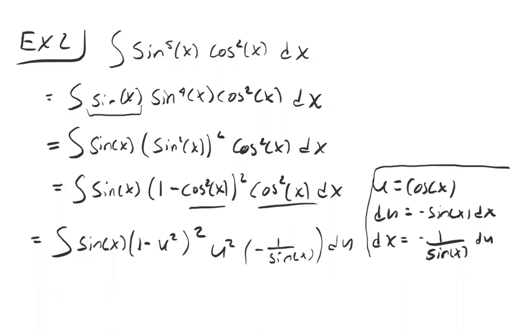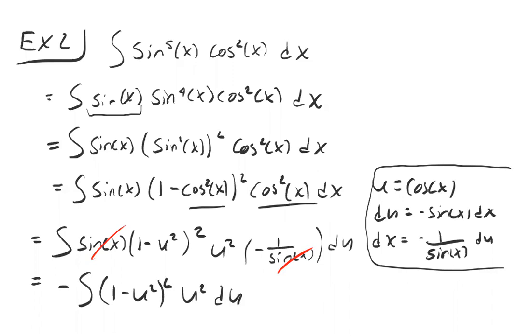Let's separate this. Now when I simplify, I can see that I have sine of x, or 1 over sine of x, so those cancel. I'm going to pull the minus sign out in front of the integral, so I get minus the integral 1 minus u squared squared, u squared du.